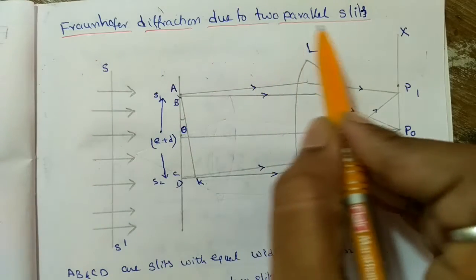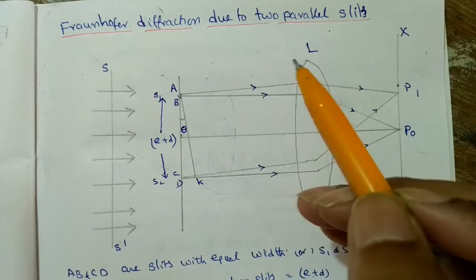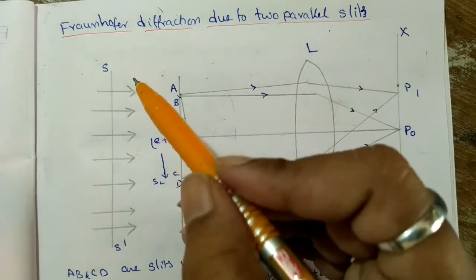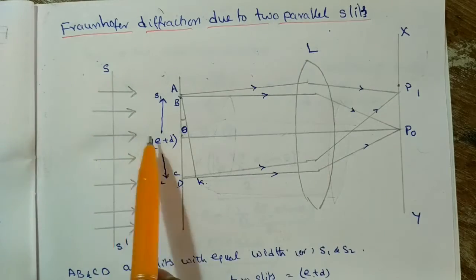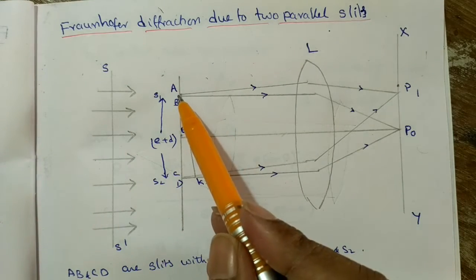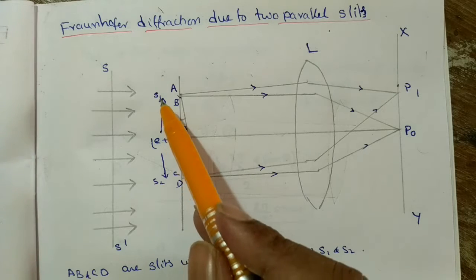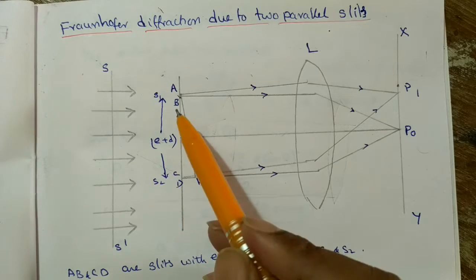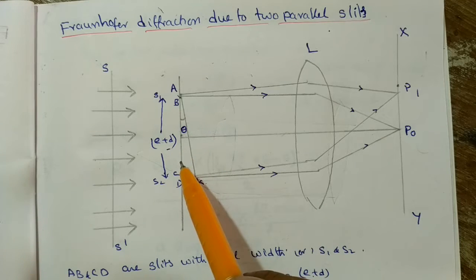Fraunhofer diffraction due to two parallel slits, or two slits, or double slit. Let us assume this is a monochromatic light of a parallel beam. This is an opaque screen. On this screen, AB and CD represent two slits, or S1 and S2 represent two slits, and e plus d is the distance between the two slits.